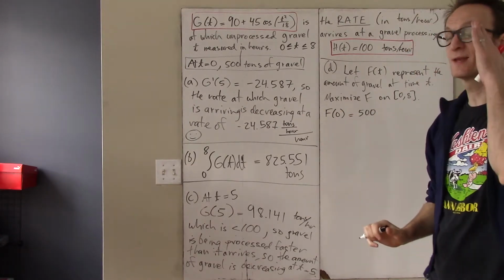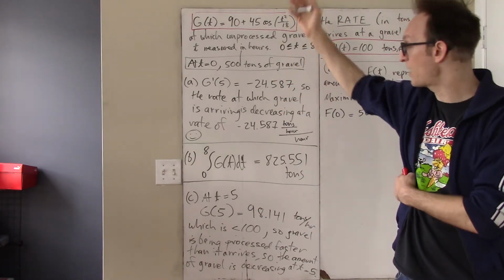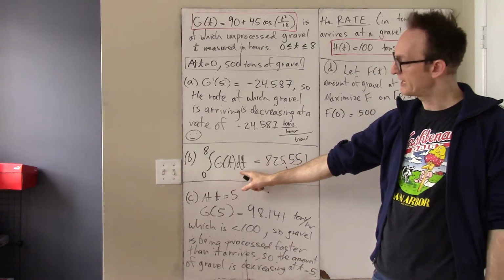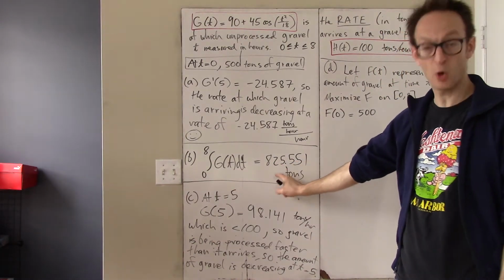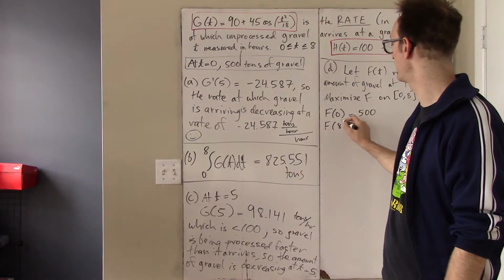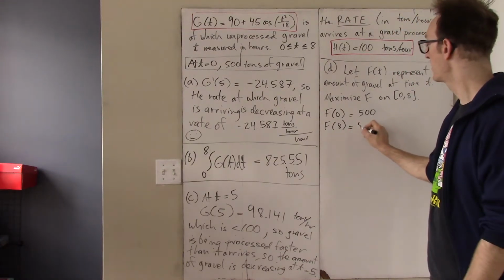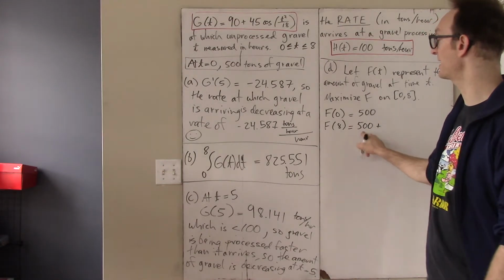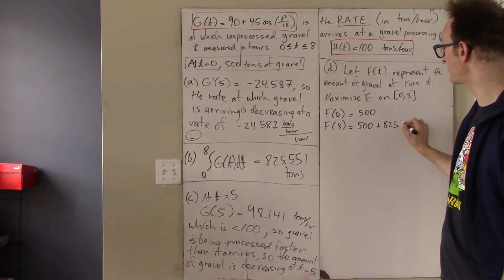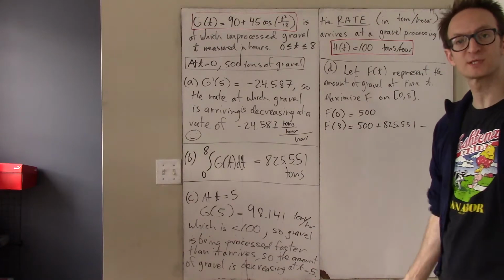Well, this is a little complicated, because now we start with 500 tons of gravel, but then gravel is arriving, and as we have already seen, the integral of the rate at which gravel arrives tells us the total amount of gravel which has arrived. I can actually do this one right now. How much gravel is there at the end of the day? It's how much gravel there was at the beginning of the day, plus how much gravel arrived, so that's 825.551, but then minus the total amount of gravel which has been processed.